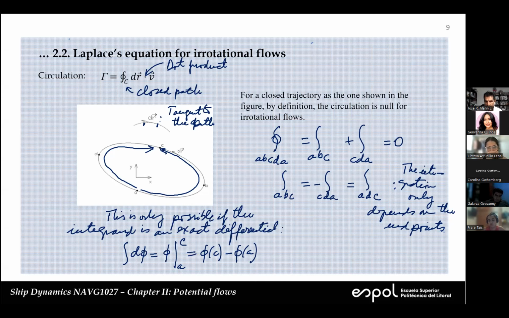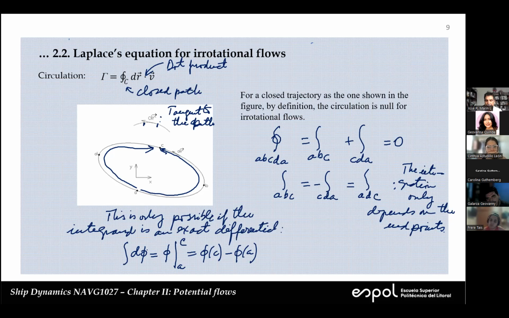So in order to have this be equal only to the difference between the end values, the integrand has to be equal to an exact differential. So what we're going to be doing is equaling this integrand, this is a dot product, to an exact differential of another function that we're going to call phi.